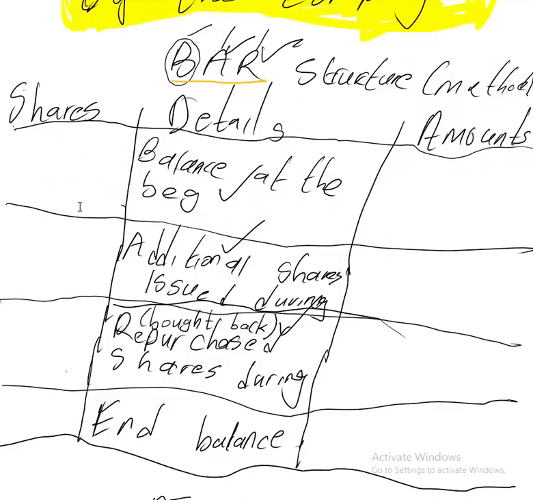So here is the number of shares, then here is the amount in monetary value of those shares. So here we have the balance at the beginning, we have the additional shares, we have the repurchase or the bought back shares, right? Then, last but not least, we have the end, right?